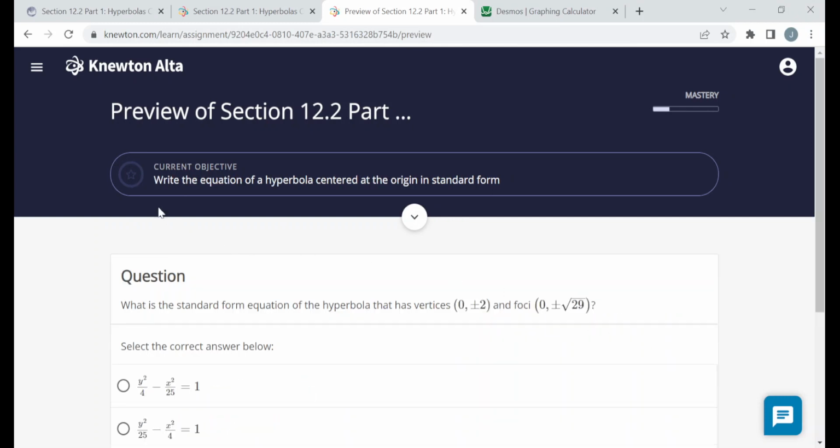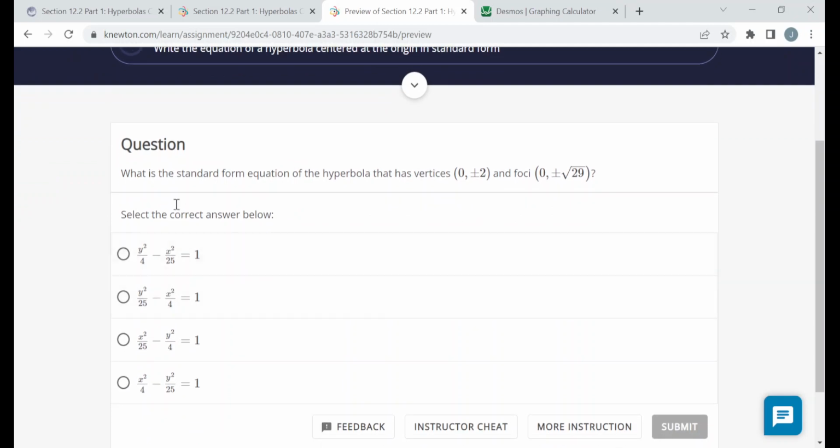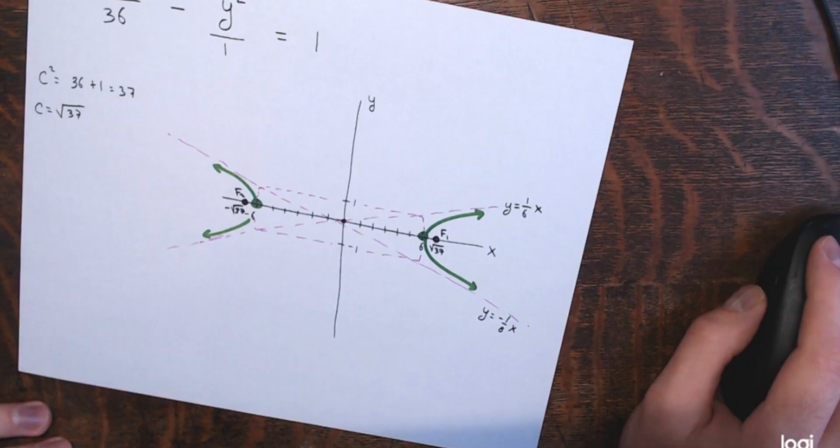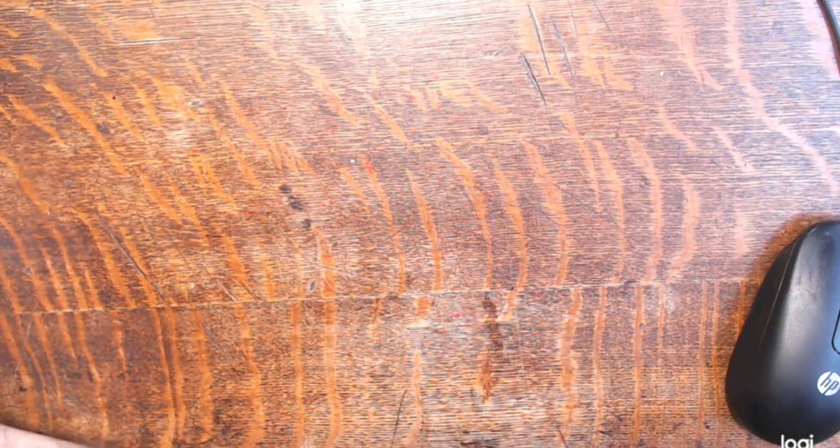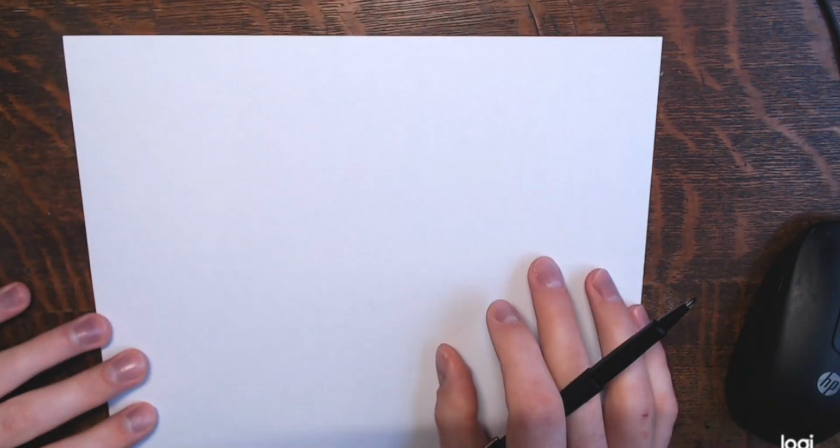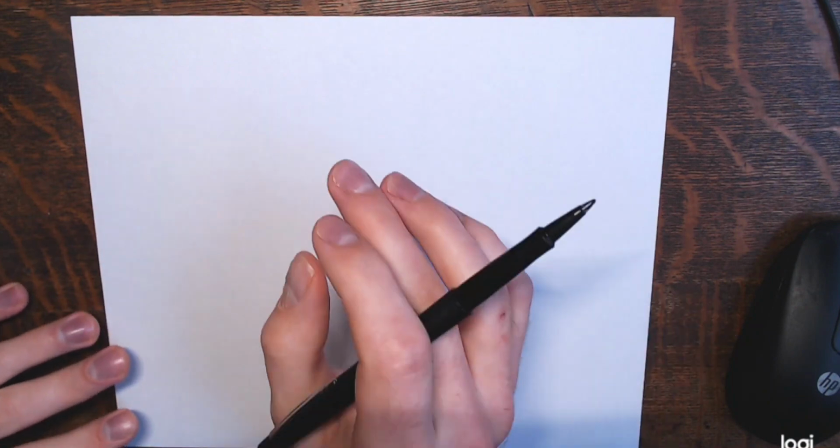All right, so this time we're given some information and asked to write an equation. Write the standard form equation of the hyperbola that has these vertices and these foci. So this one I'm not going to draw. Maybe I should draw a little, just so we can see where the transverse axis is.